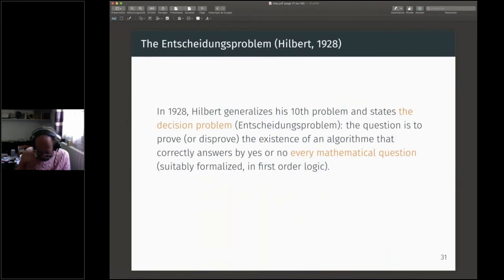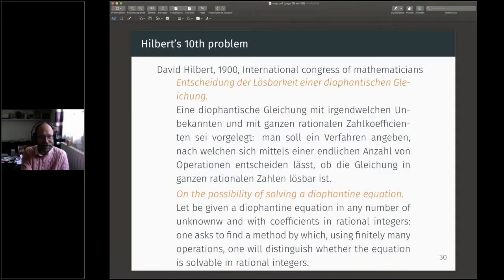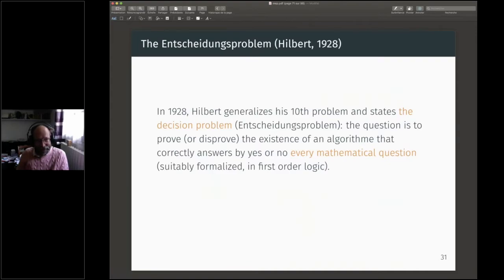In fact, in 1928, Hilbert generalized his problem one step further, and it was called the Entscheidungsproblem, the decision problem. Here it was the decision of Diophantine equations, but now it's a decision of anything. He asks for a method that correctly answers yes or no to every mathematical question that you could ask it.